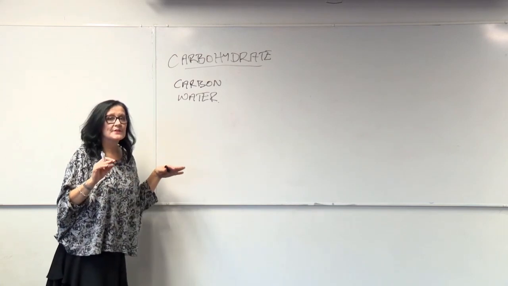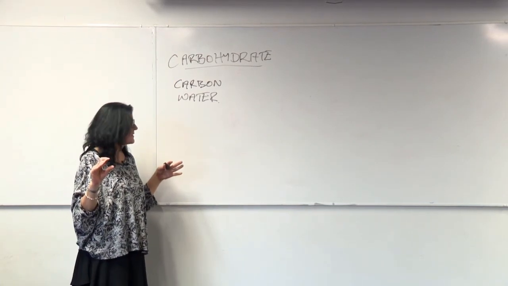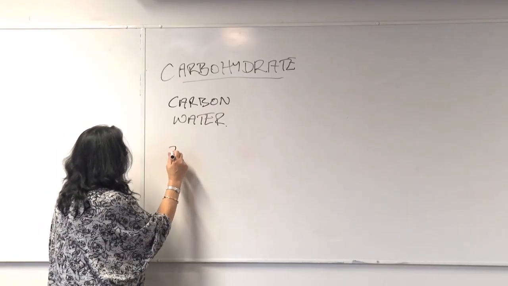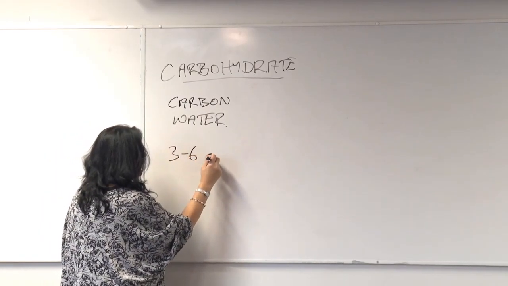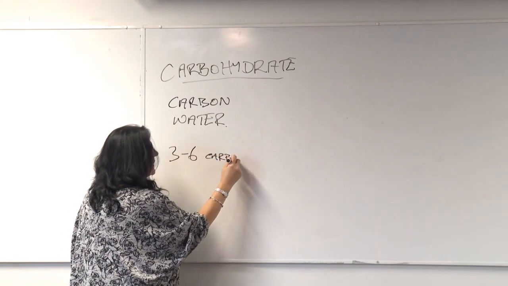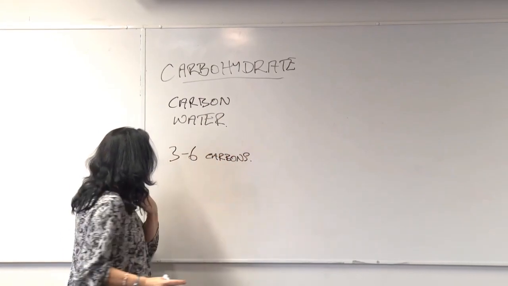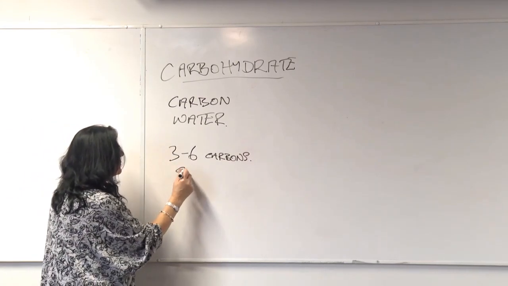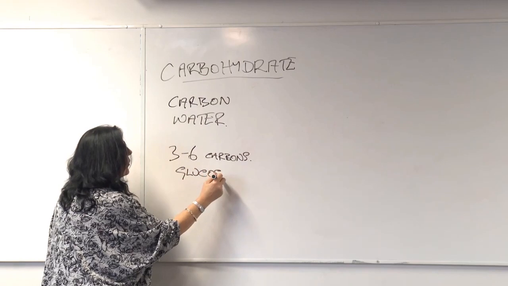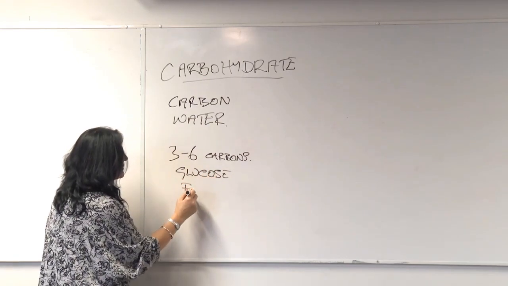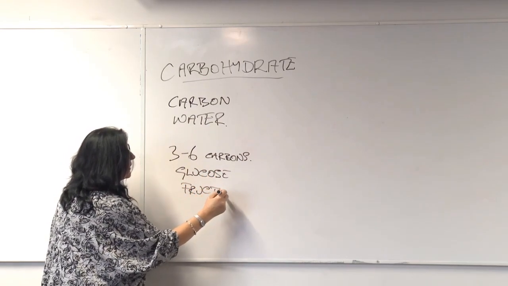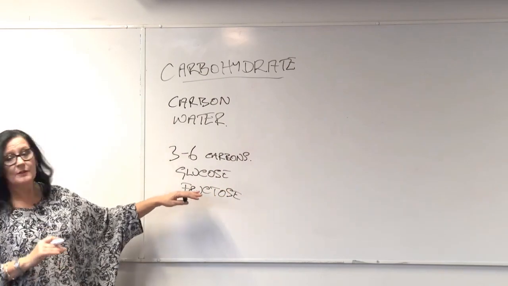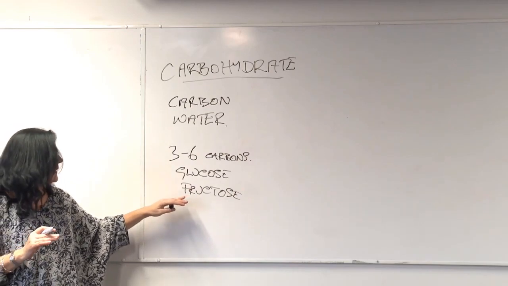So our simplest form is our monosaccharide. Monosaccharides have 3 to 6 carbons only. Examples of this are glucose, with 6, or fructose, also with 6. Under certain circumstances, glucose can become fructose within cells.